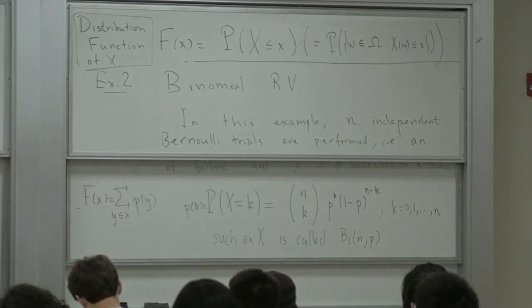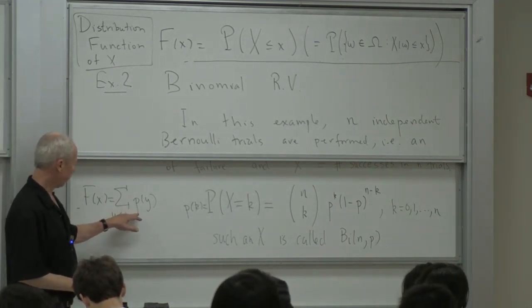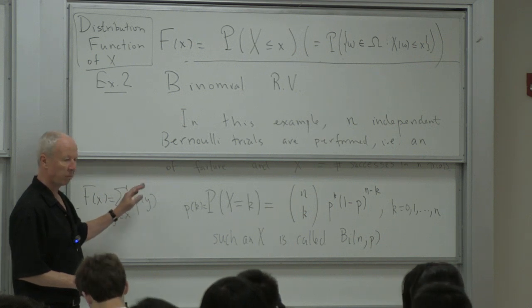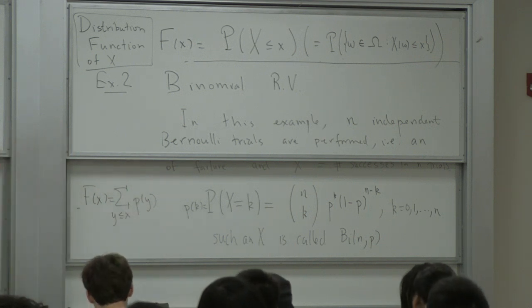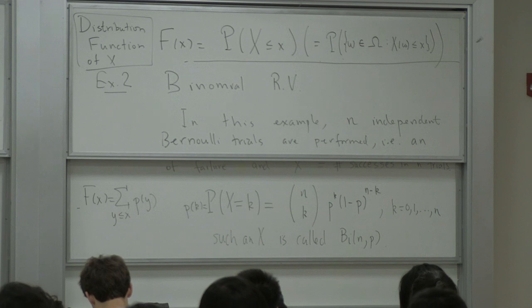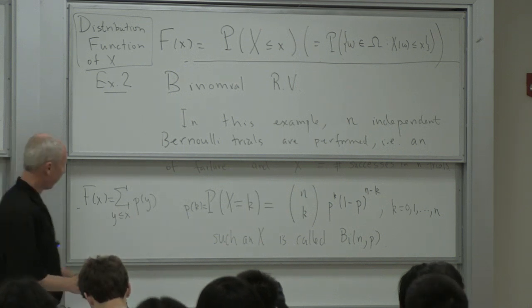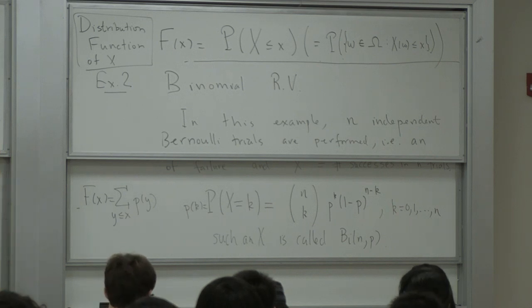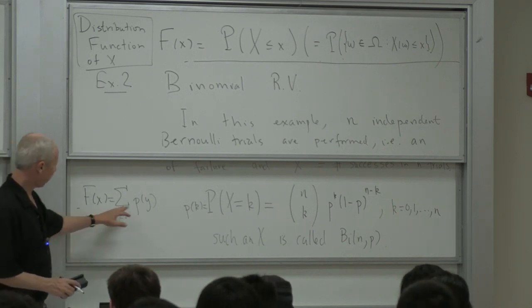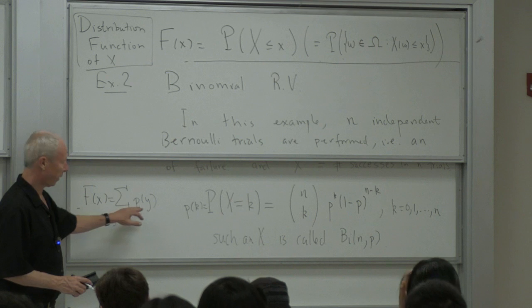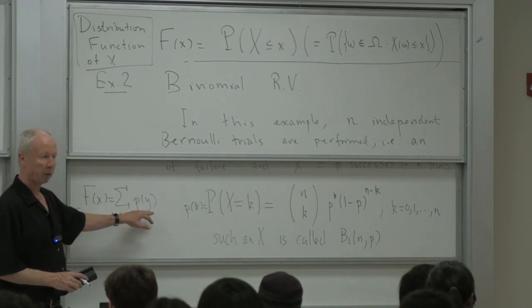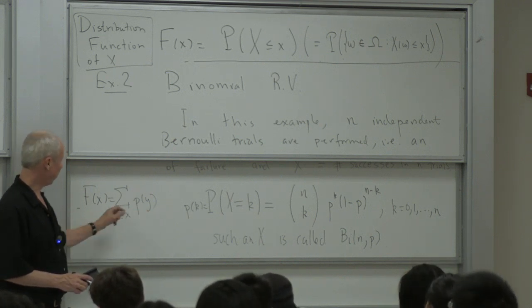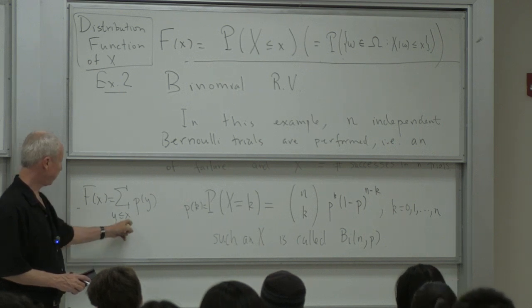Okay, so p of y is either 0 or some non-zero value, and it'll only be non-zero where X can actually occur with positive probability. Okay, so this is the relation generally between a CDF and a PMF. If you know the PMF, you can get the CDF by this summation.